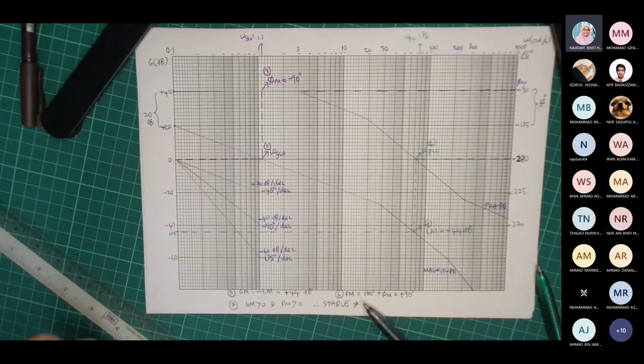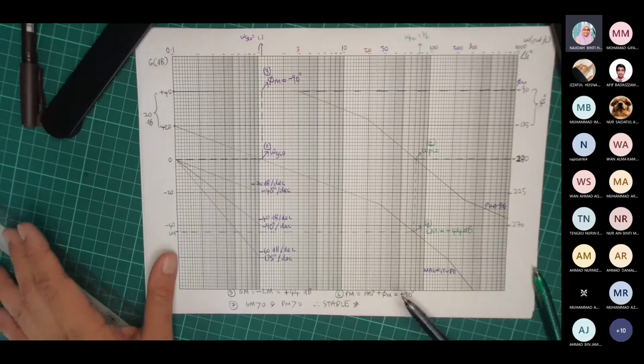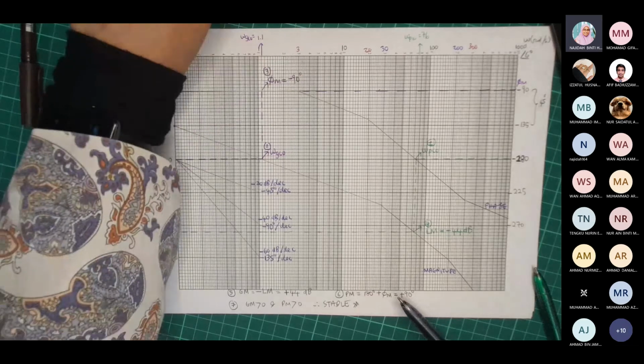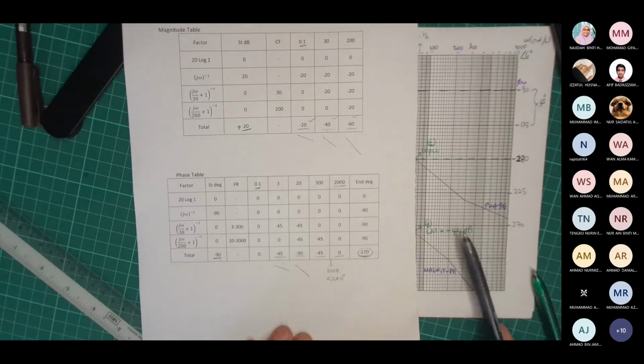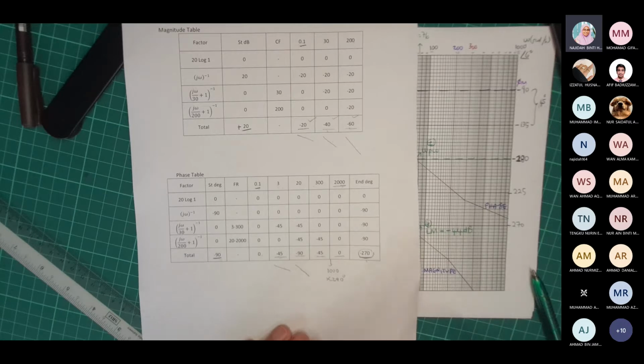So next is a trial for you to reduce the time. To reduce the time, yes, you have to refer to this Bode table in order to sketch this Bode plot, but you have to reduce the time to at least 1 hour, and then try for the third time, reduce to 30 minutes. Can you try that?